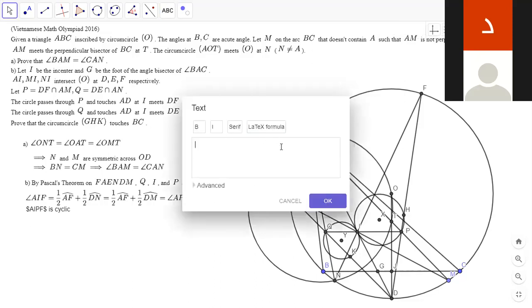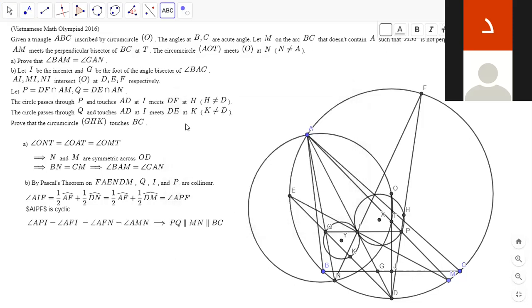But for now, we have angle API equals angle AFI is angle AFN is angle AMN. That means that PQ is parallel to MN, which is parallel to BC.